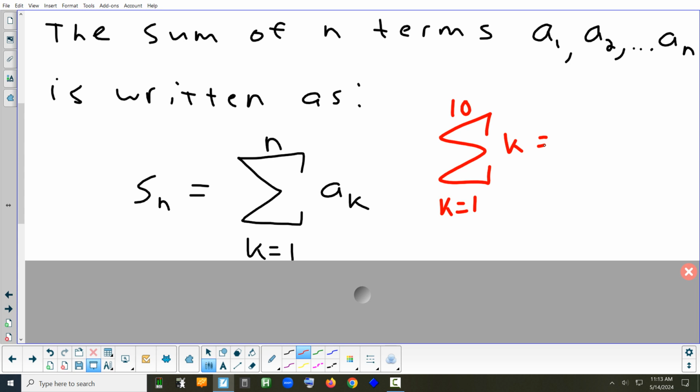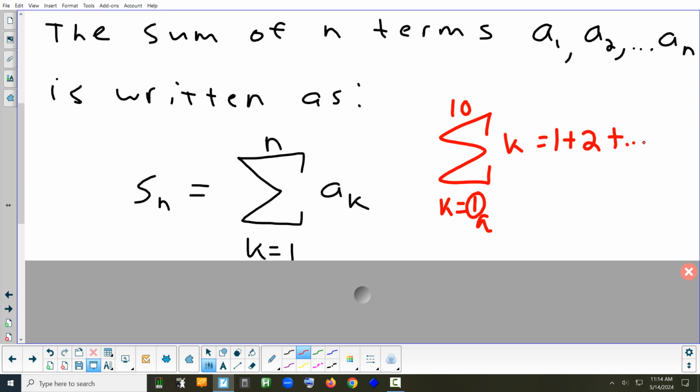So the way this works is, you take this number, you plug it into the formula, and you write down your answer. And then you put a plus sign. Then you make this number go up by 1. So the next number you'd plug in is 2. Plug 2 into your formula, write it down, put a plus sign. You keep doing that until this number reaches 10.